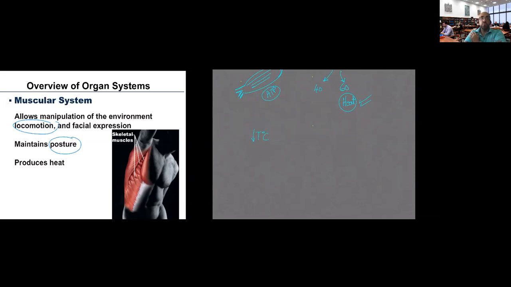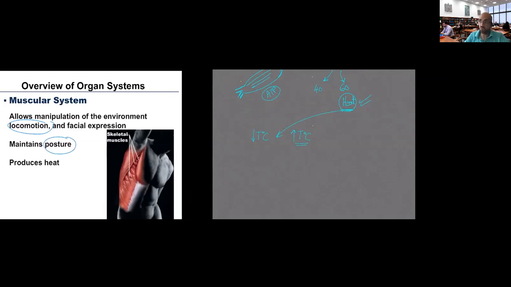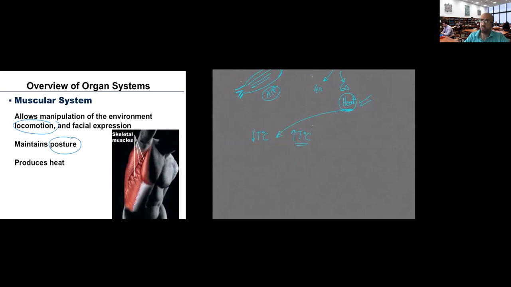And this successive muscle contraction will be generating heat, because 60% of the consumed energy by the muscles is going to be transformed into heat. This generated heat is going to be increasing the body temperature back up to normal. So skeletal muscles here are also going to be producing heat.